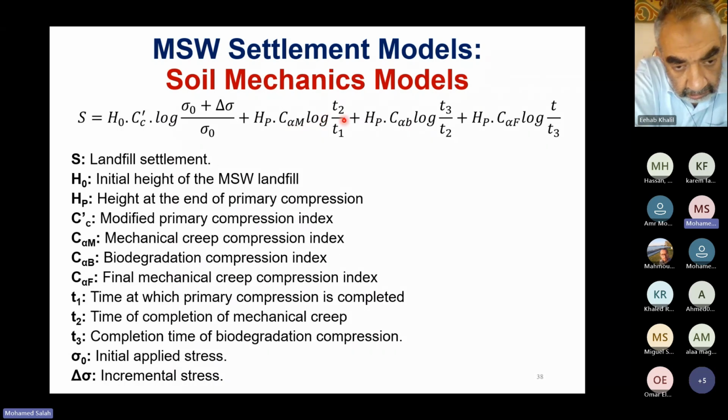The only difference compared to traditional soil mechanics models for estimation of consolidation and creep is that the creep phase is divided over different phases to differentiate between biodegradation, compression, and mechanical creep.